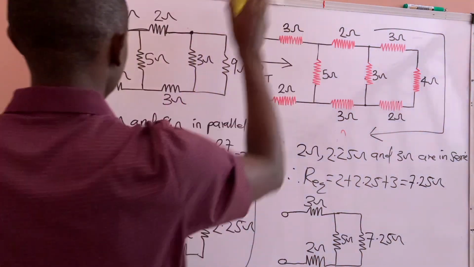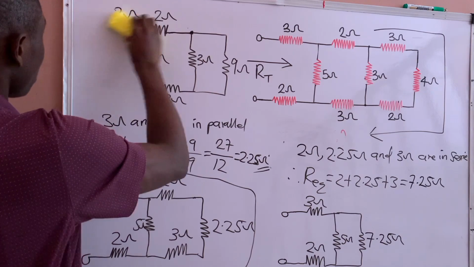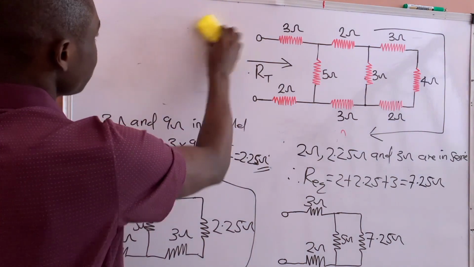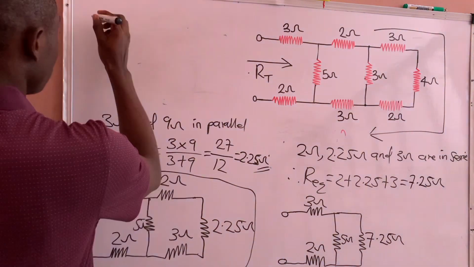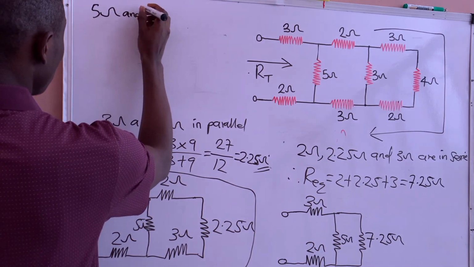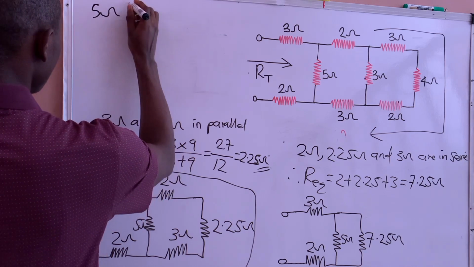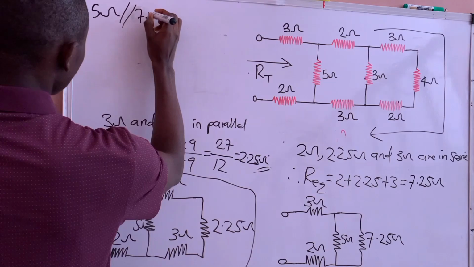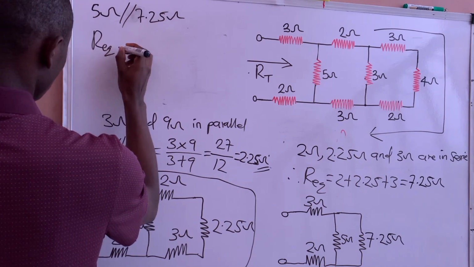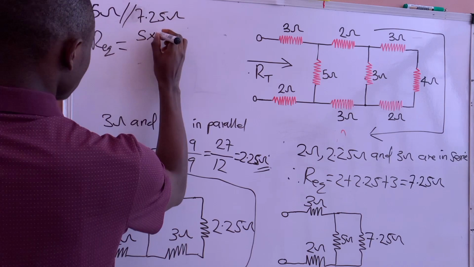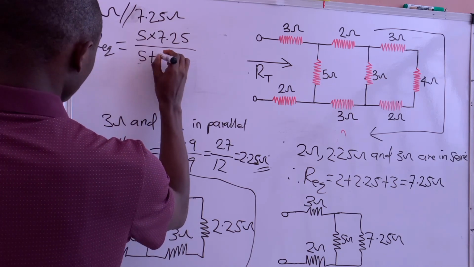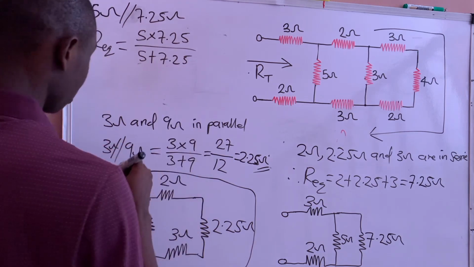Since they are in parallel, our equivalent resistance of these 2 resistors will be 5 ohms in parallel with 7.25 ohms. So the equivalent resistance will equal 5 times 7.25 divided by 5 plus 7.25.